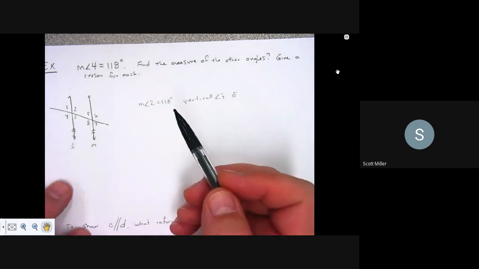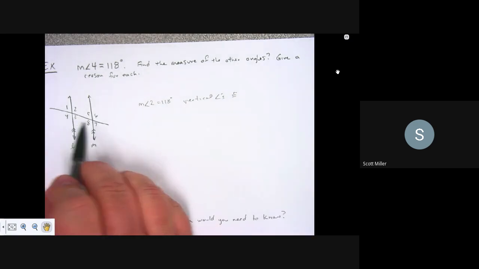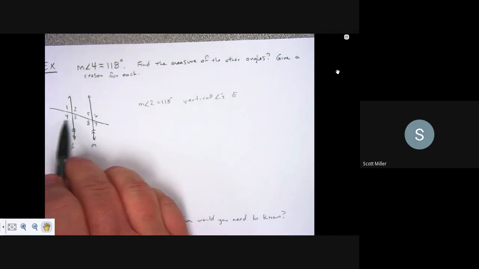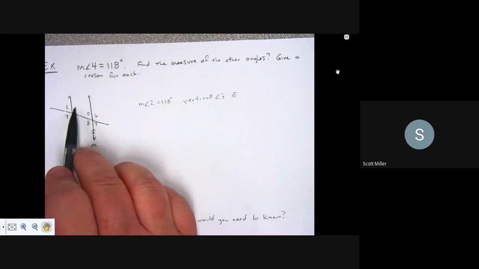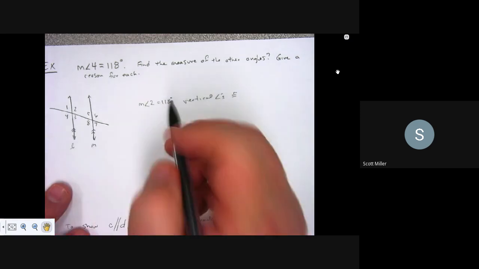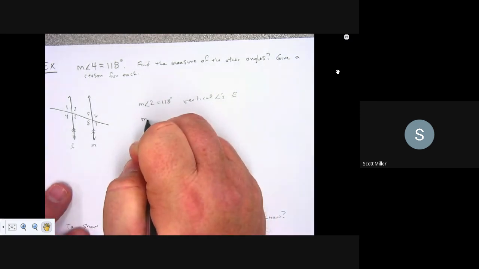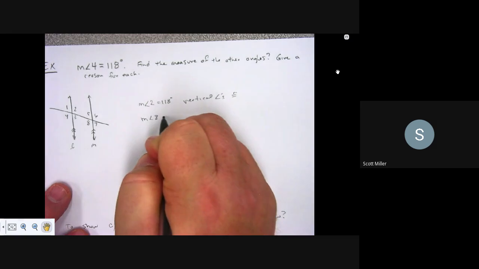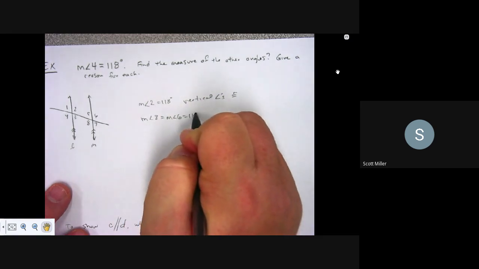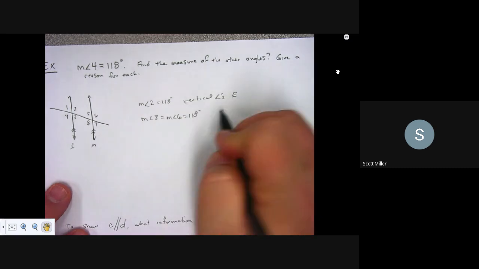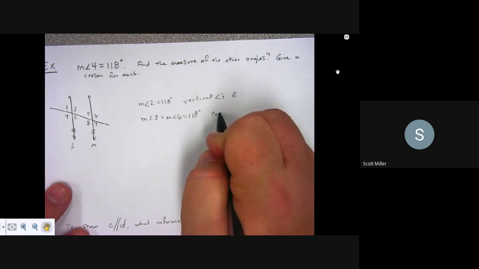Now, what else can I say? I can say 4 is congruent to 8, because those are corresponding. I can say that 2 and 6 are congruent because they're corresponding. So the measure of angle 8 equals the measure of angle 6, which is 118, because they are corresponding.